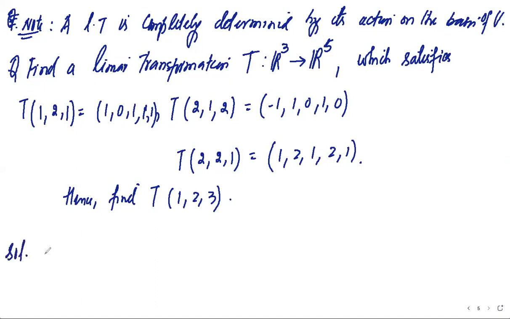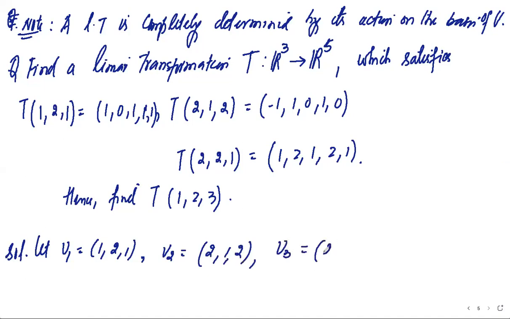So in the solution, let V1 is equal to 1 2 1, V2 is equal to 2 1 2, and V3 is equal to 2 2 1.